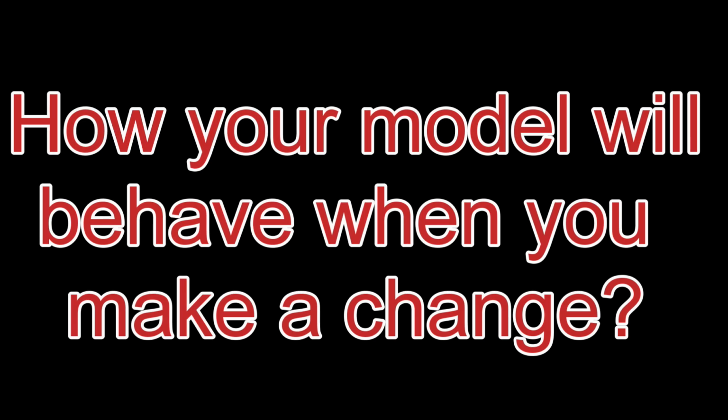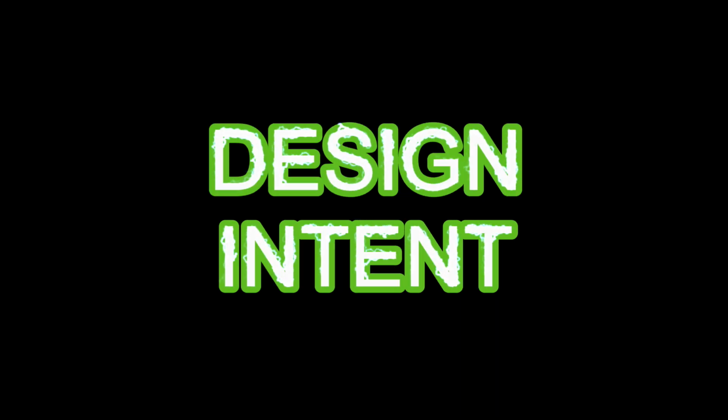That's why you have to learn design intent, how your model will behave when you change certain parameters. So the goal of certification is to learn how to work under time pressure and to learn design intent. But once you have this certification, it is also proof that you have a certain level of skill in SOLIDWORKS. So this is step number 2, certifications.